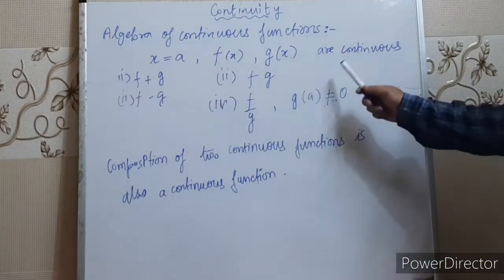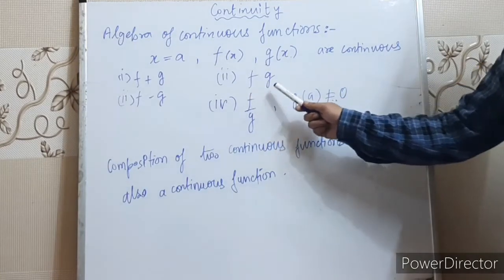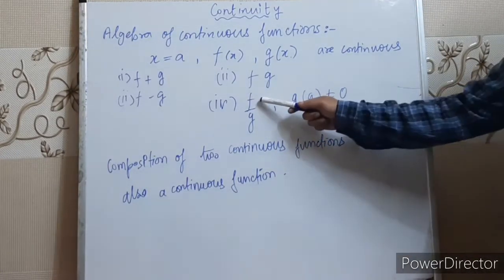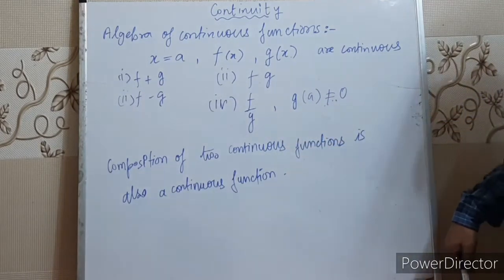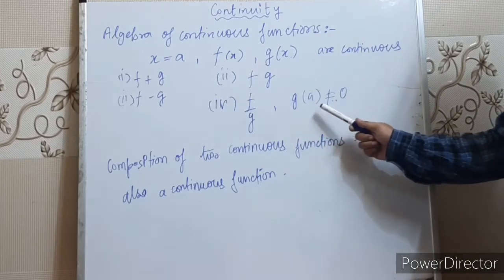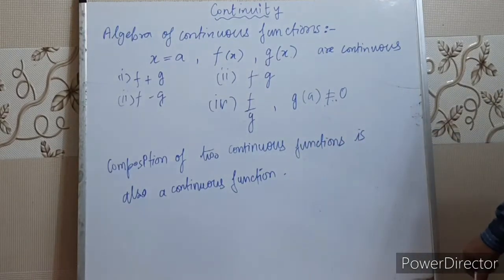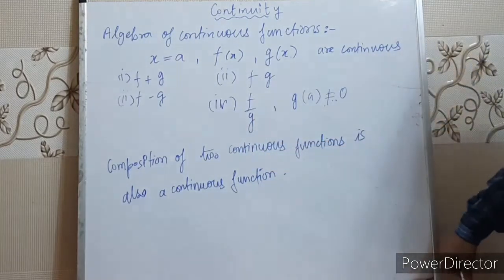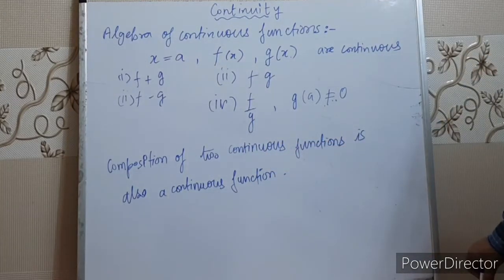If f(x) and g(x) are continuous functions, then f(x) into g(x) will also be a continuous function, and f(x) upon g(x) is also a continuous function, provided that the value of g(x) at x equals a should not be equal to 0, because at that point the function will not be defined.